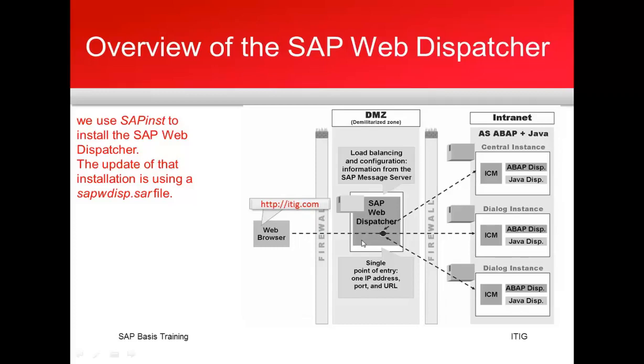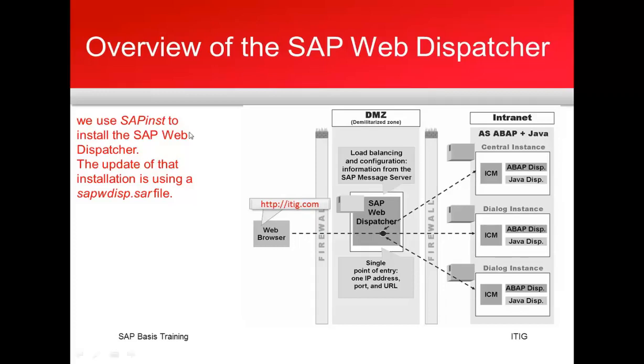Now here you can see that the SAP web dispatcher is placed separately in this particular DMZ zone, and it is showing how the web dispatcher is talking to an AS ABAP plus Java system, or only an ABAP system. So we have seen how it is talking.